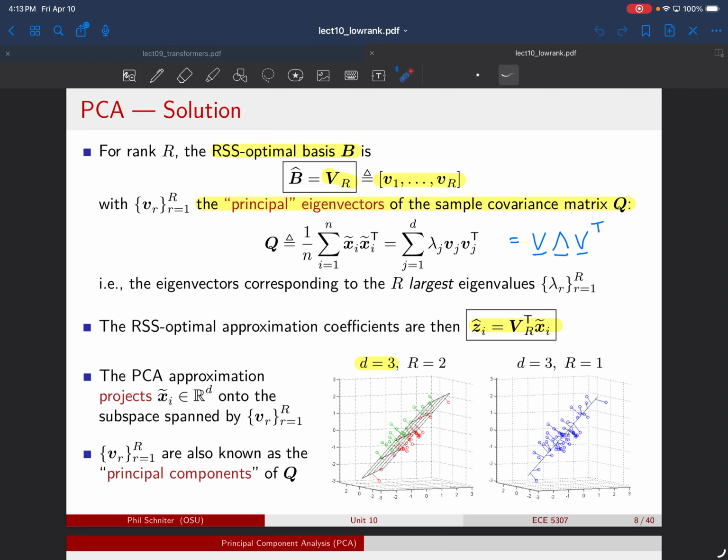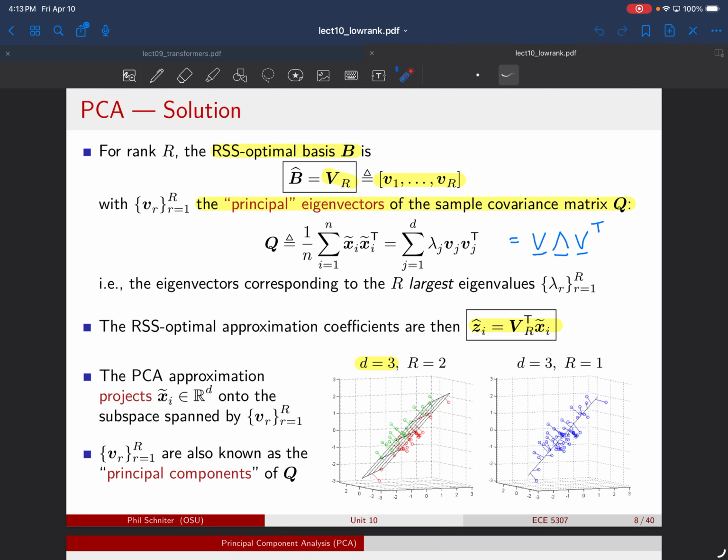So that's how you get your approximation coefficients and the approximation basis. And so what we'll do today is derive why exactly we have these solutions, and then we'll look at some examples of PCA with images.